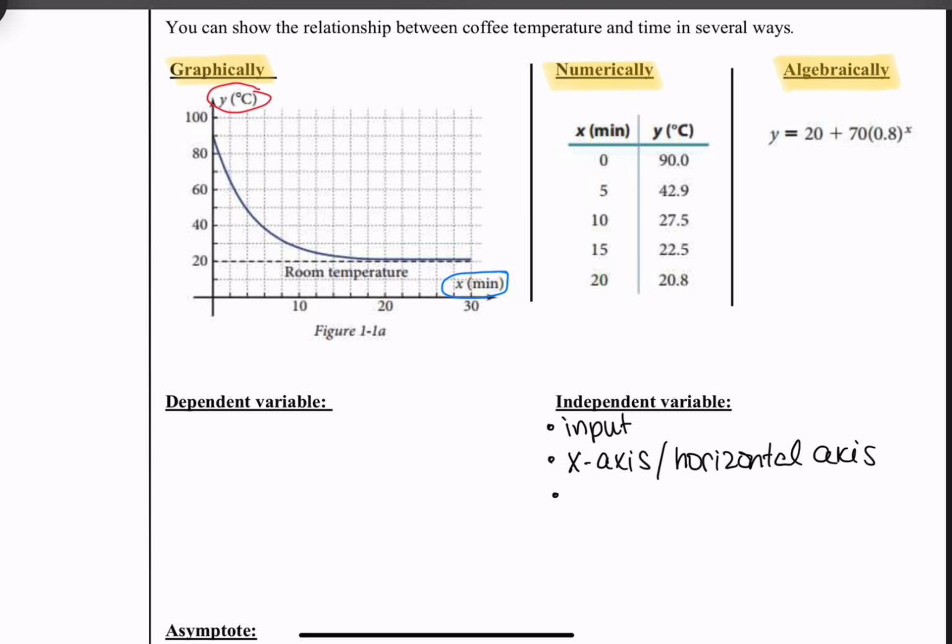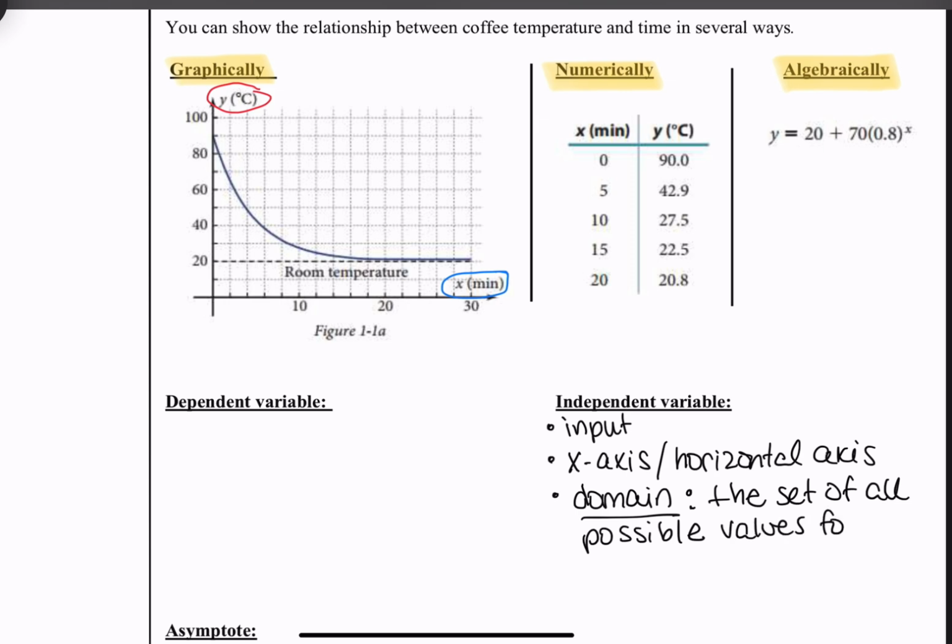And if I think of all the independent variables that could possibly be represented by a function, that entire set is called the domain. So the domain is the set of all possible values for the independent variable.